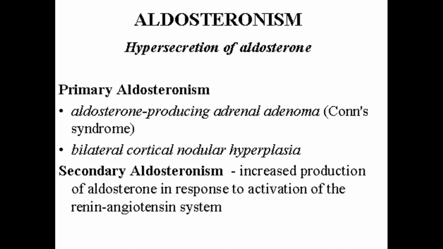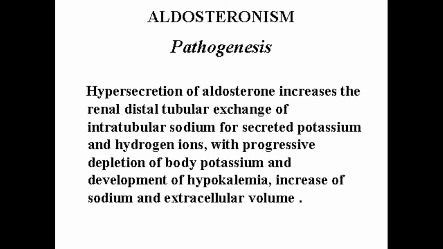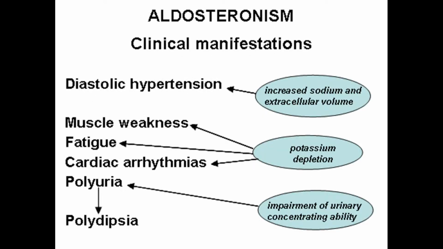Aldosteronism is divided into primary and secondary. Aldosterone-producing adrenal adenoma is the cause of primary aldosteronism, or bilateral cortical nodular hyperplasia. Secondary aldosteronism is characterized by increased production of aldosterone in response to activation of the renin-angiotensin system.